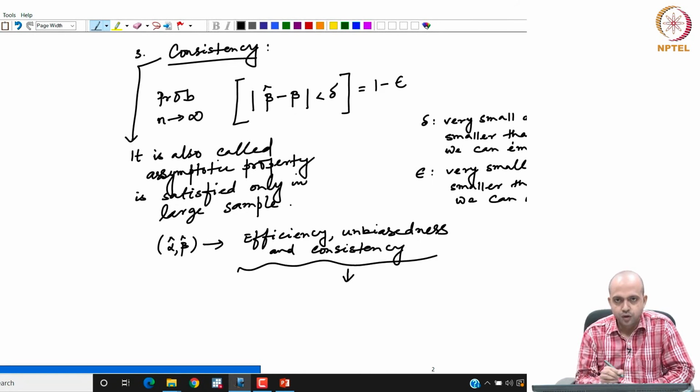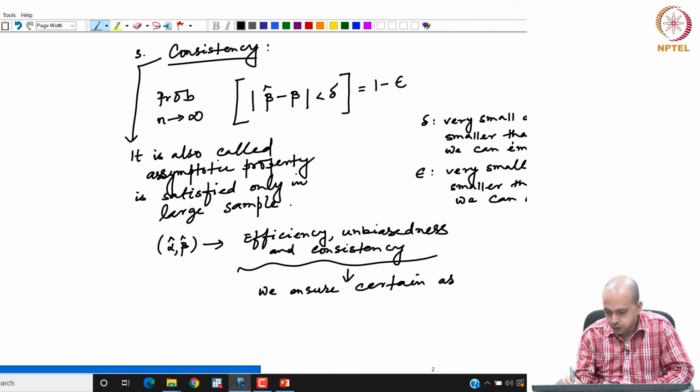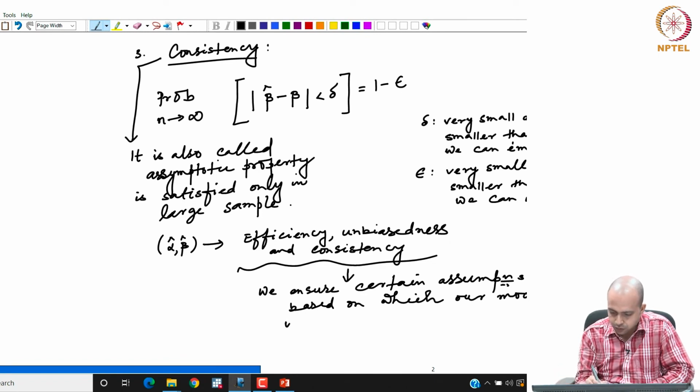When we ensure certain assumptions based on which our model is estimated.